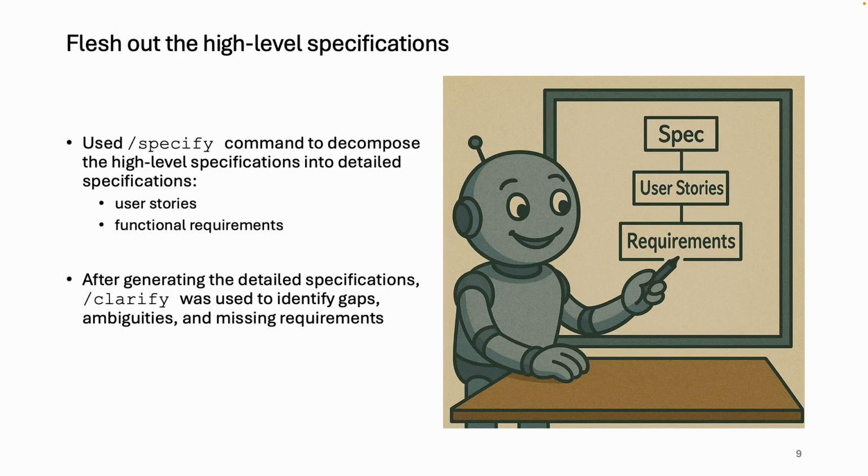All right, this is now where we actually start making use of Spec-Kit. Starting with the /specify command, from the high-level specifications we'll derive detailed user stories and functional requirements. Once that's done, we use the clarify command to identify any gaps or ambiguities in the detailed specifications.